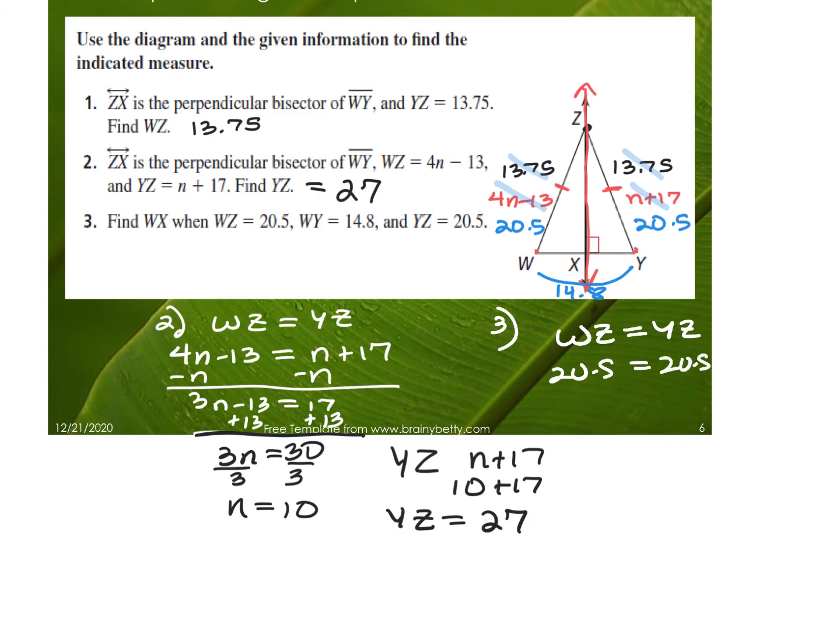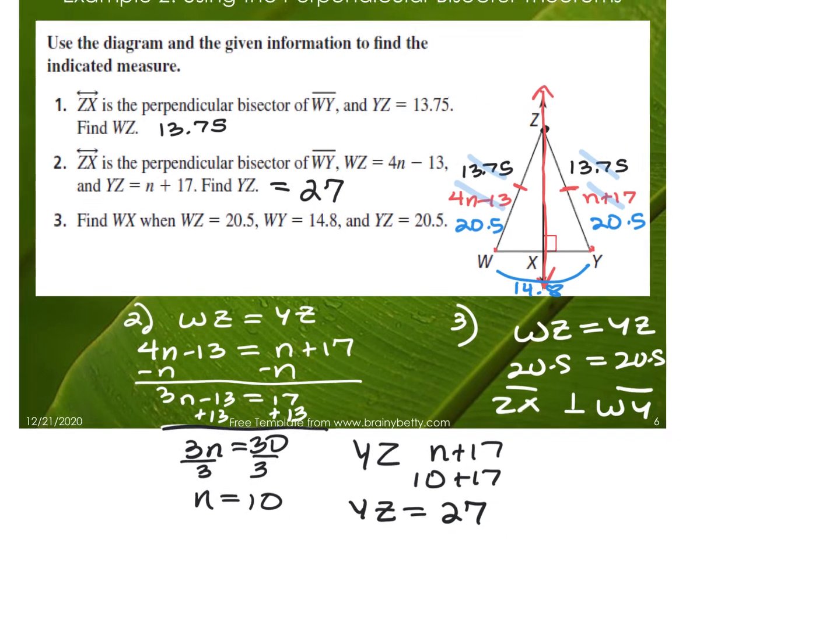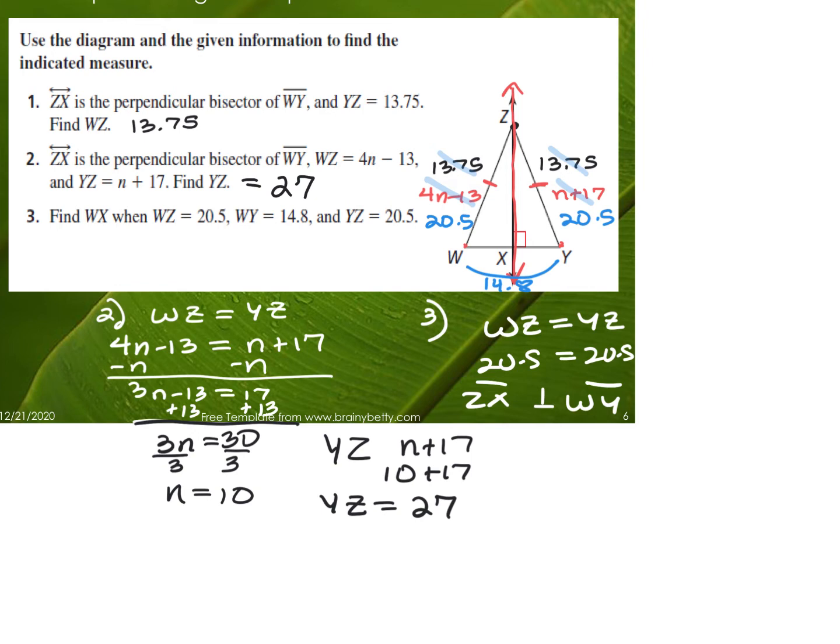Because we also see that ZX is perpendicular to WY, I can tell that ZX is the perpendicular bisector of WY.